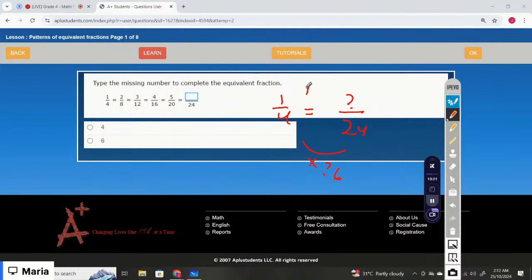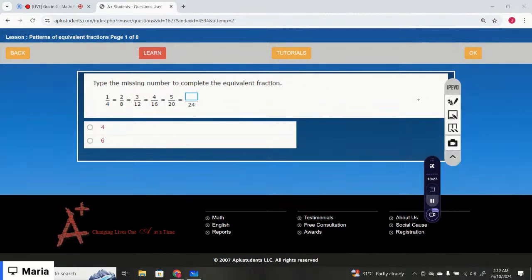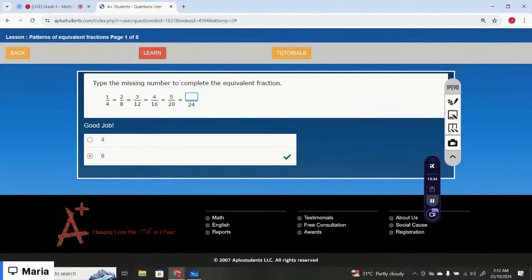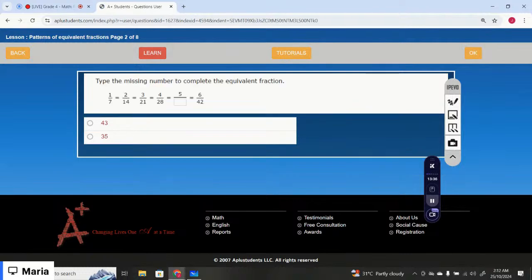So 1 times 6 is 6. So the missing value is 6. Option number 2 is the correct option. Got it? That is 6. Very good. Okay, the next one is type the missing number to complete the equivalent fractions.